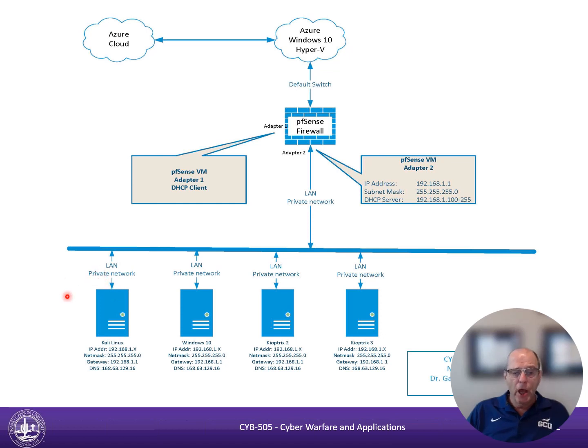Down here, you'll have 4 different VMs configured. There'll be a Kali Linux, a Windows 10, and 2 Kioptrix VMs, 2 and 3. What these VMs will do, you will not be able to log into them.